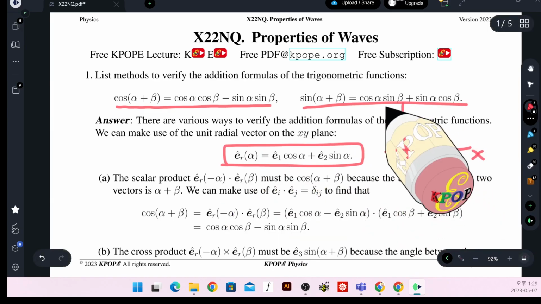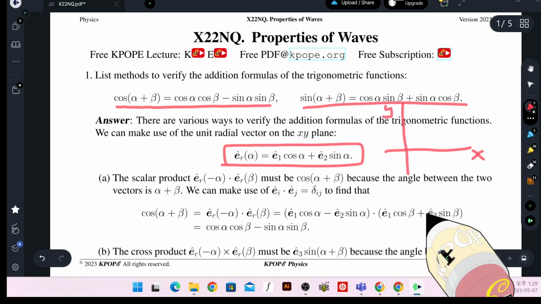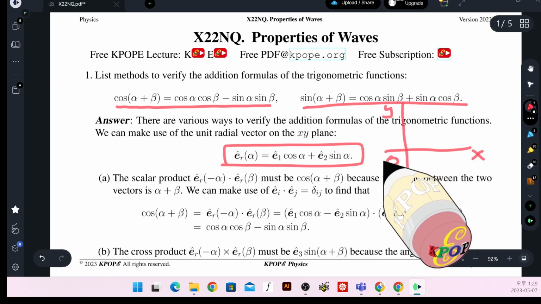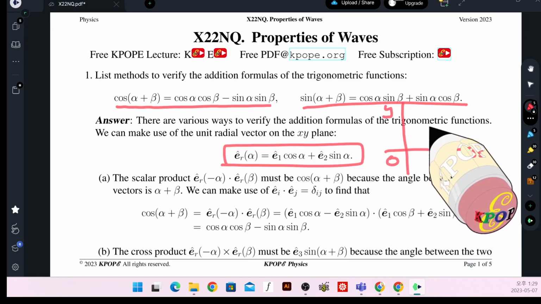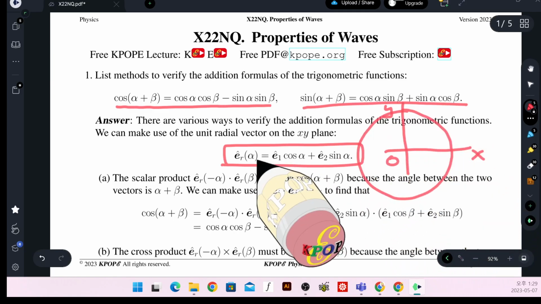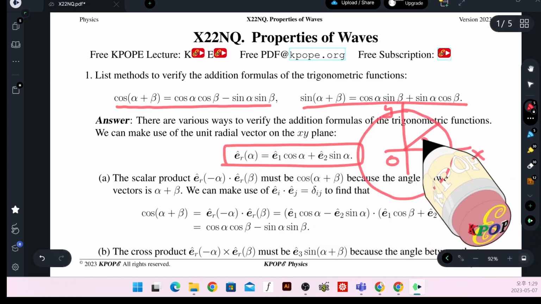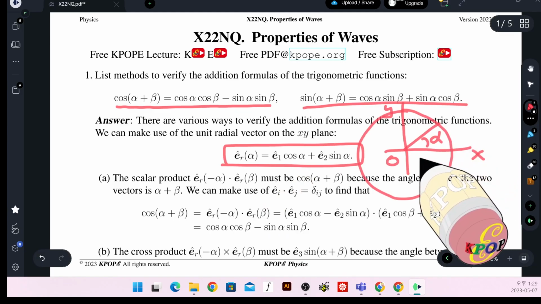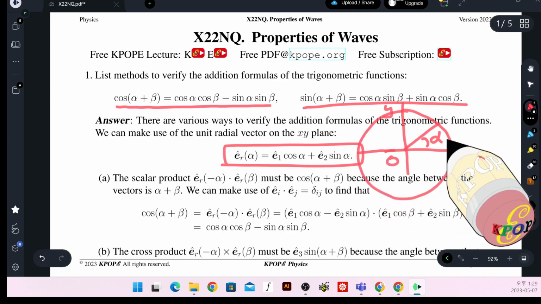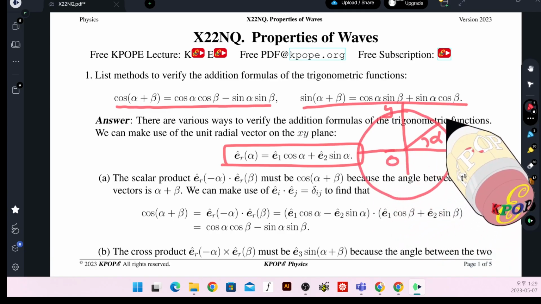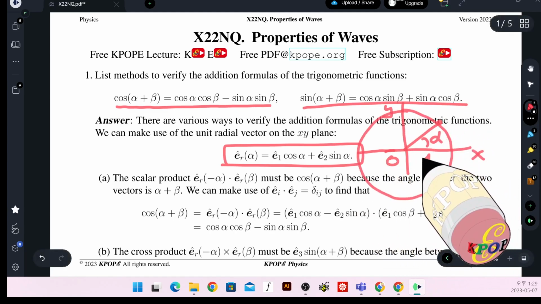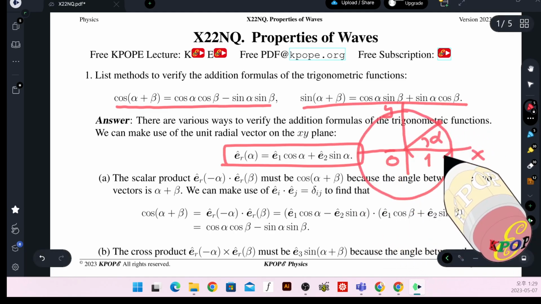In the xy plane, the two-dimensional Euclidean space, you can choose the origin and draw a unit circle and choose angle alpha to be the polar angle measured from the positive x-axis counterclockwise.